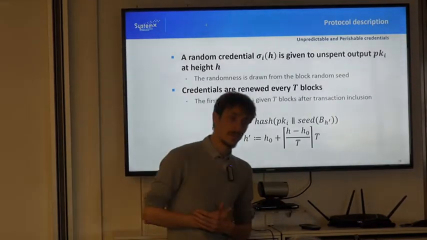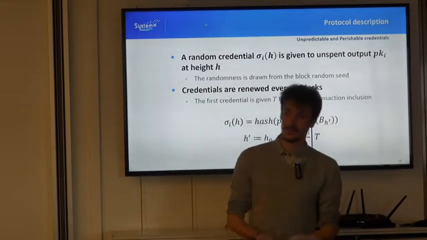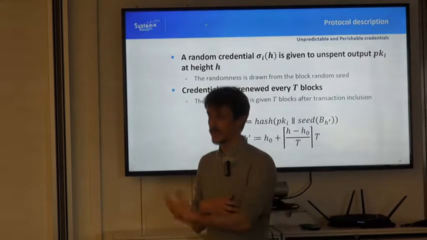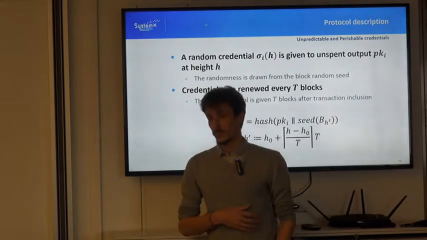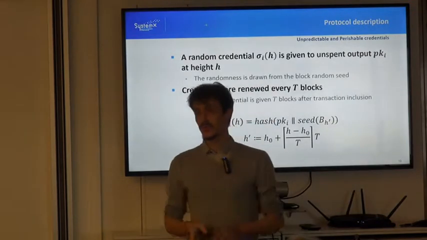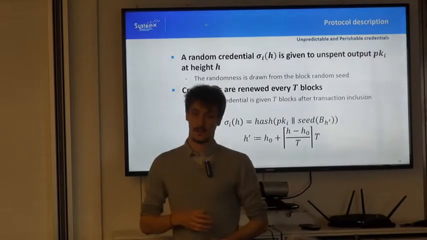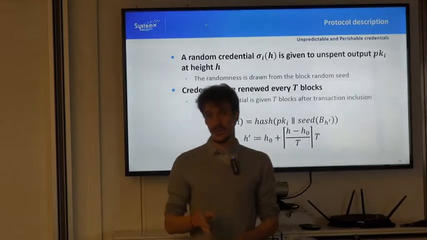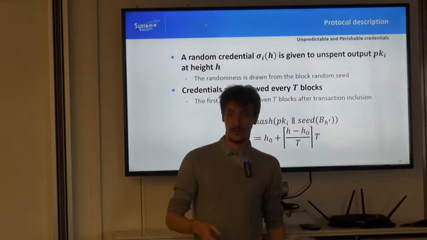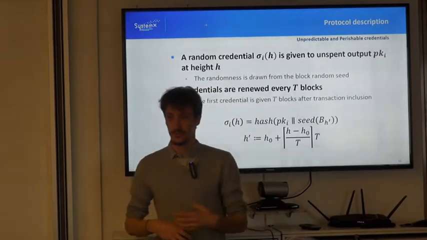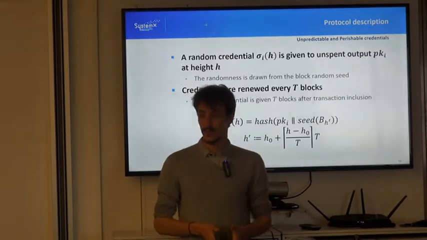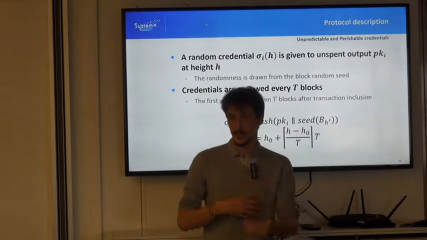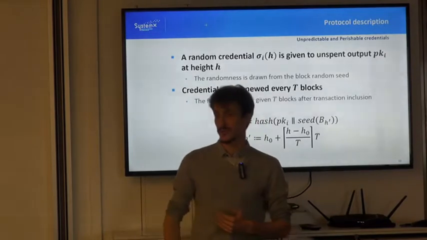How do we build the credential system? It's fairly simple, given that we build on the random seed with each block. What we have to remember is that each credential is indexed by block height, and we get a credential T blocks after the UTXO has been included in the block, and then after that, every T blocks our credential is renewed.